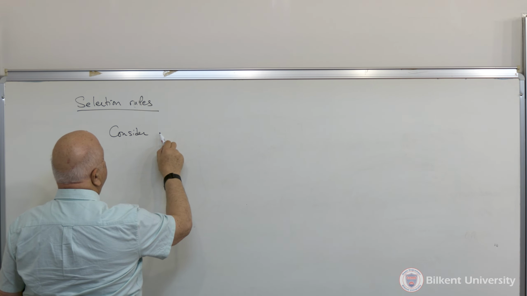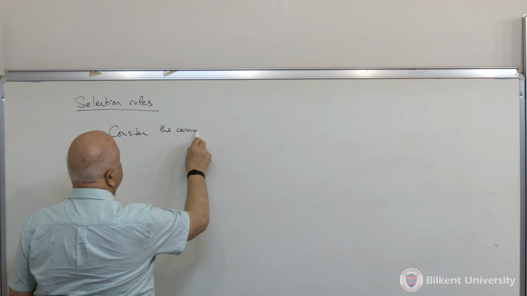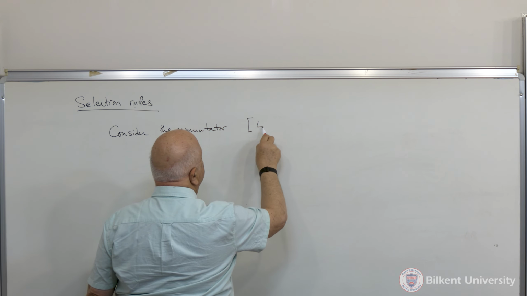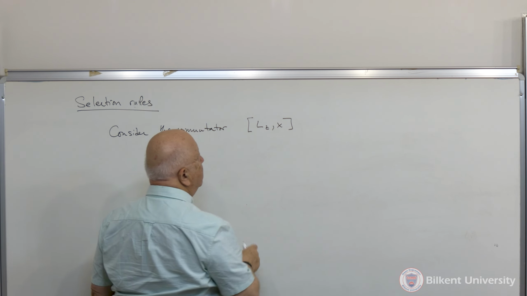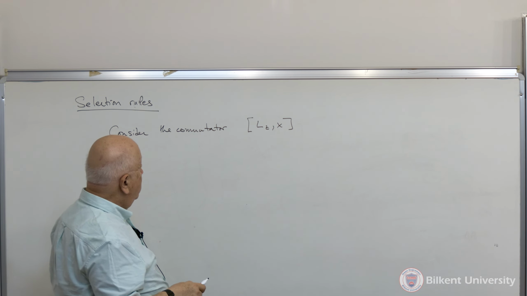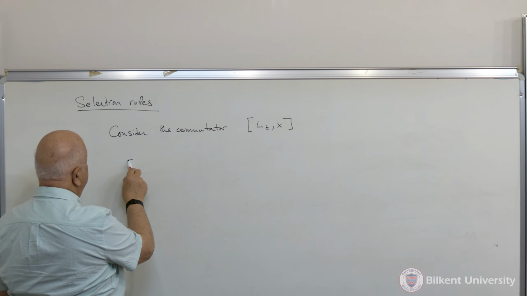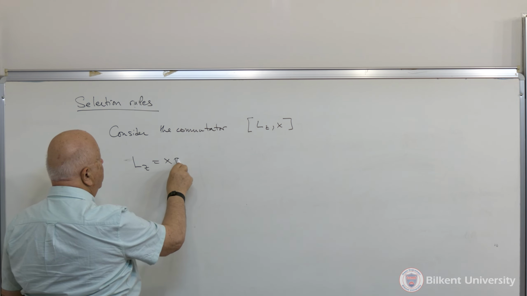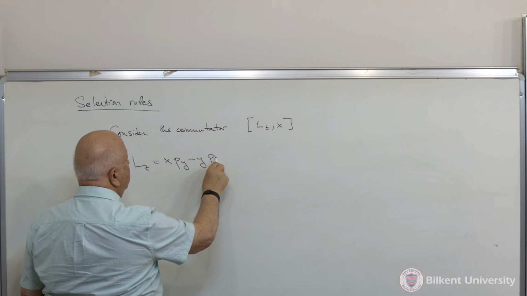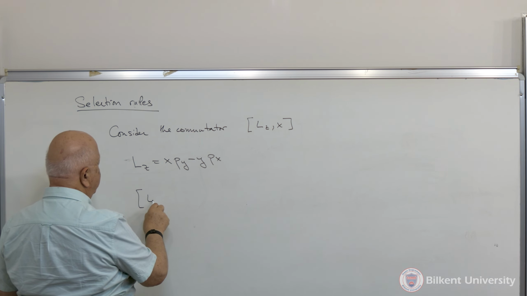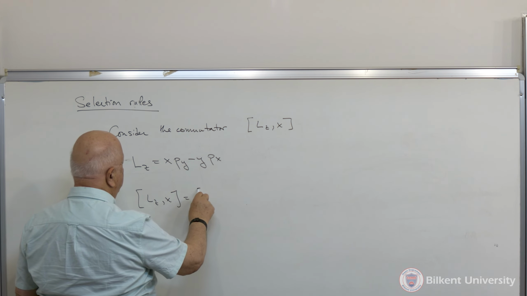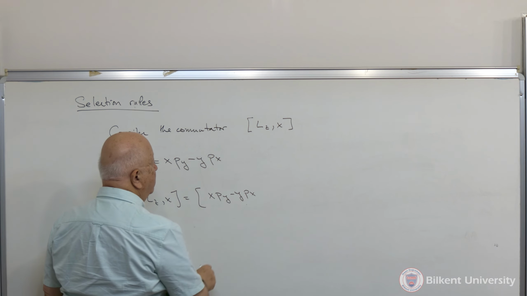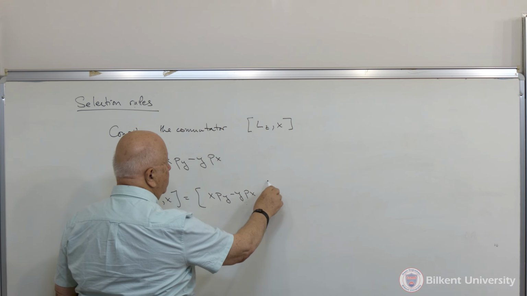So consider the commutator, say Lz with x. What will I get? Well, I have to do the commutation relation. So Lz is x py minus y px. So Lz with x is going to be this thing, x py minus y px, commutator with x.